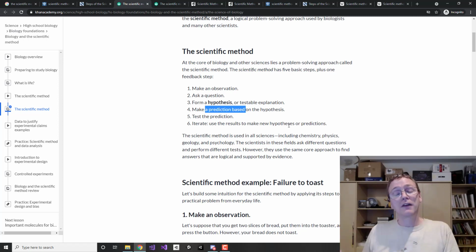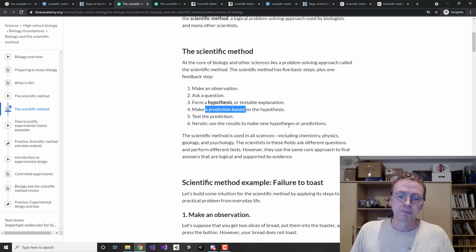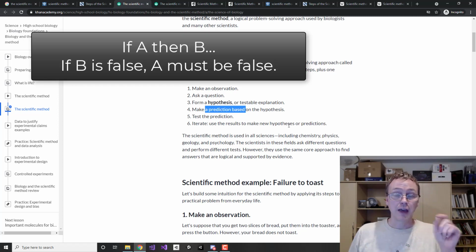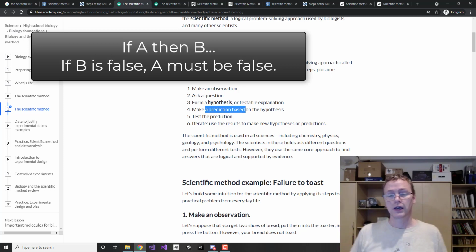Based on the hypothesis, in this example of what science might be, we are teaching the concept of logic. This is a basic logical flow that just goes, if A, then B. If not B, therefore not A. Okay?